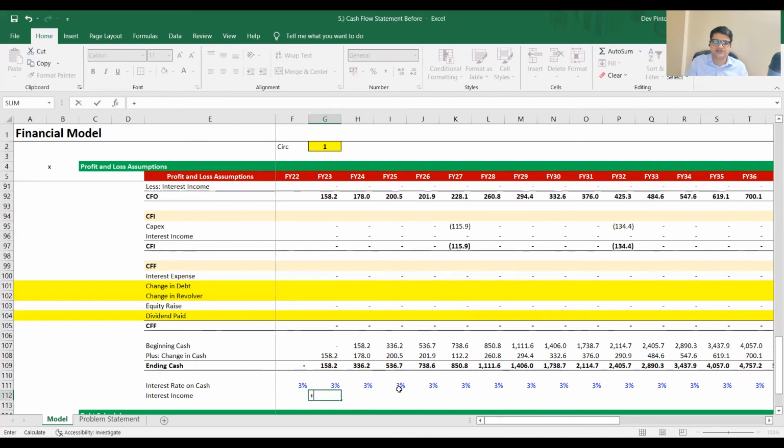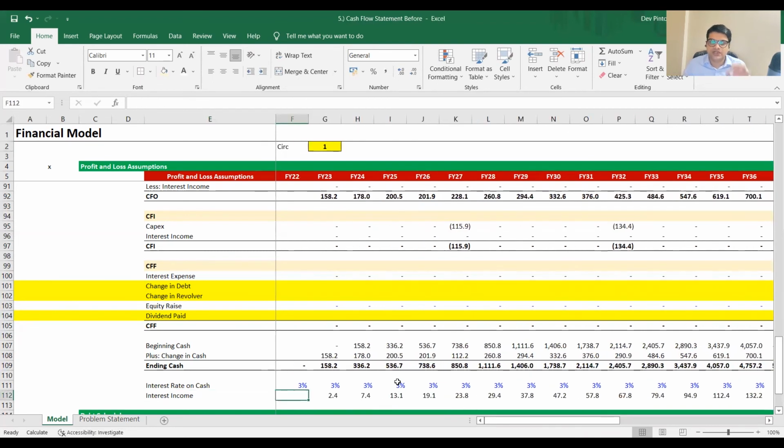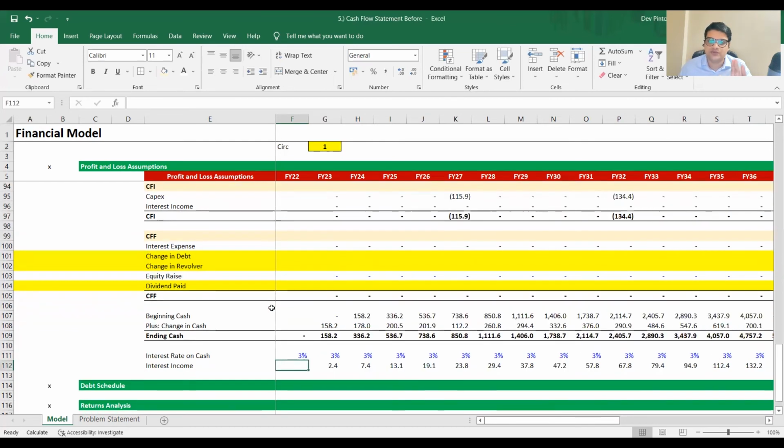Let's just say if circ is equal to 0, 0, else average of the starting and ending balance times my interest rate, right? So now we've computed the cash flow statement. Again, basis whatever we've done so far, and in the next video we are going to build the debt schedule.